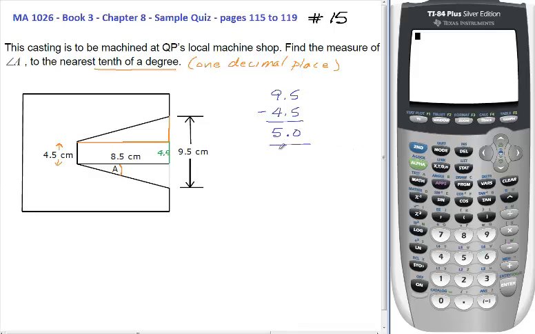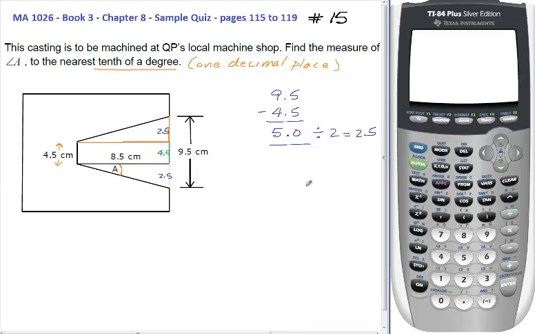So there's 5 centimeters left over to be split evenly between here and here, because all three have to add up to 9.5. So if we divide this by 2 to split it evenly, we would get 2.5. That means this piece is 2.5 and this piece is 2.5.